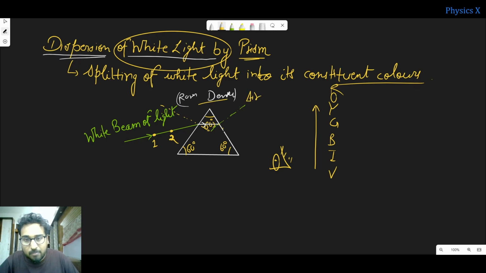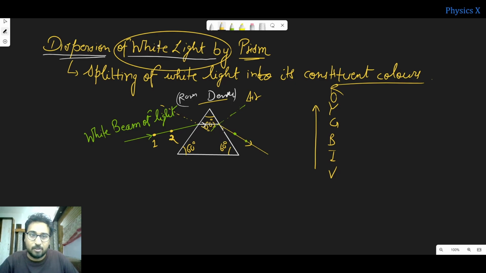It will bend away from the normal and emerge like this. This is the path of the ray. You will observe the pins as being here, and if you observe from this side also, the pin will appear here. This is how refraction takes place in a prism.